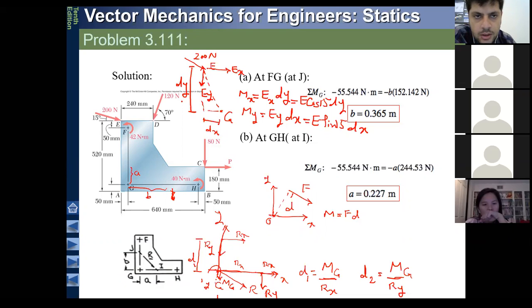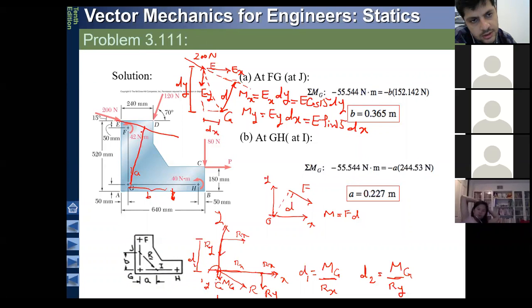Otherwise, if you want to calculate the moment directly, then this is your vector, right? Then you have to calculate this distance, right? So it would be easier to first decompose that force in x and y direction, because in the geometry that you have here, you have the length in the y and x direction. You do not have the distance in this direction, right?